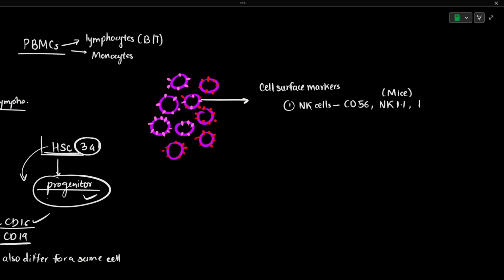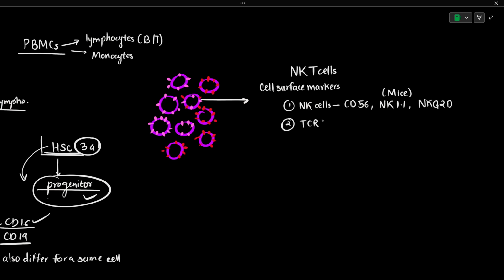And then there is NKG2D. So these are the NK cell markers that we discussed in yesterday's class. So these will be expressed by NKT cells. So these natural killer T cells will express those markers, and besides those markers, they are going to express the conventional T cell receptors, the TCRs.